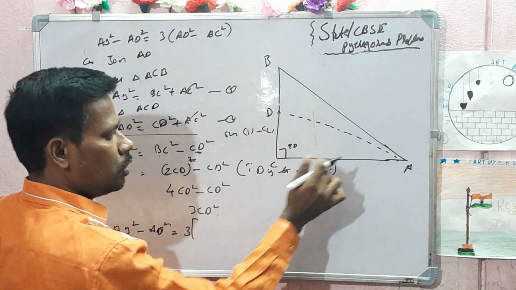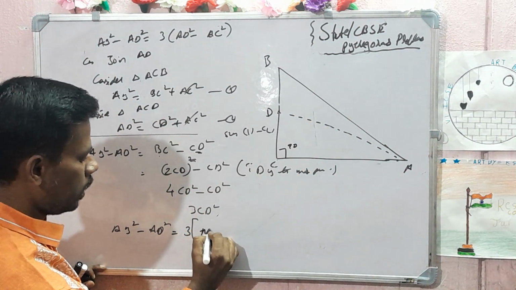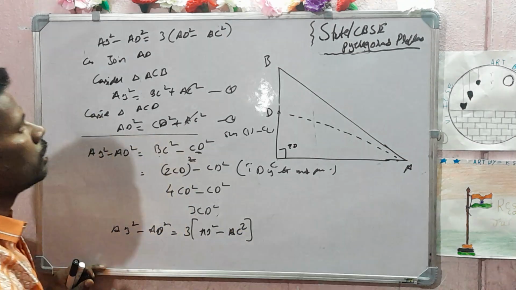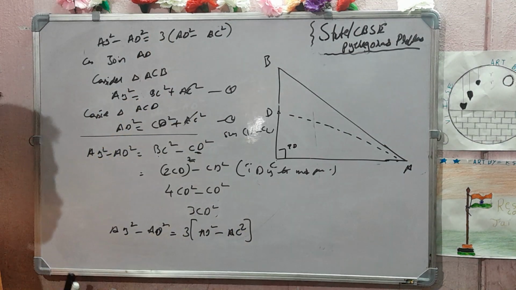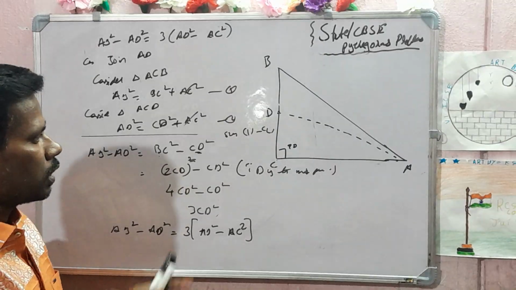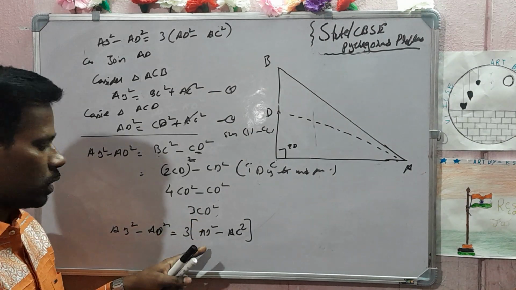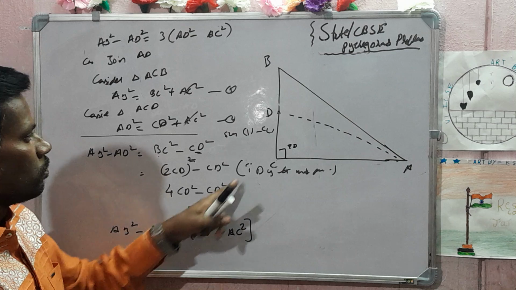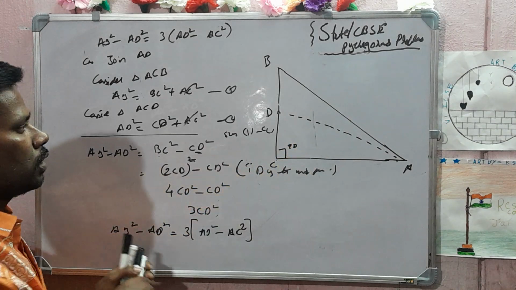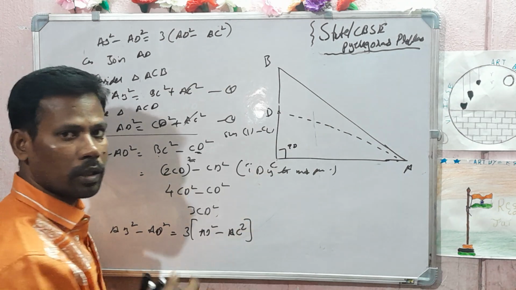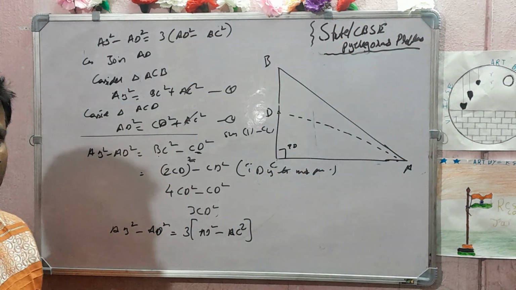Hypotenuse square minus this one, so AD square minus AC square. So there ends the problem. It's a very simple question, nothing confusing. So 3 CD square is nothing but AD square minus AC square. There ends the solution.